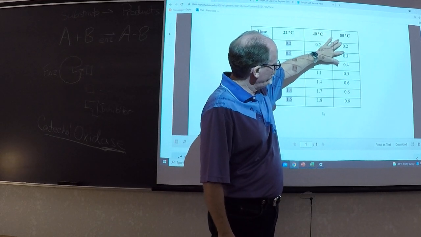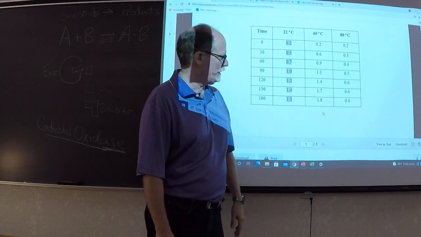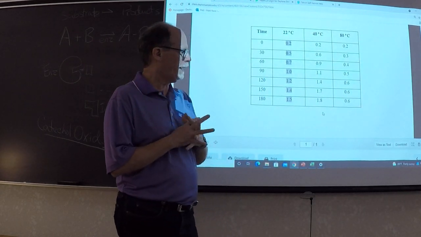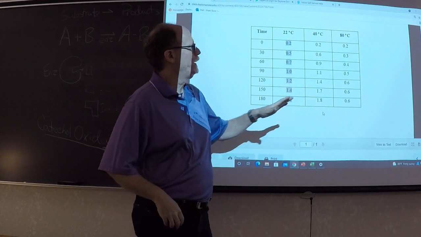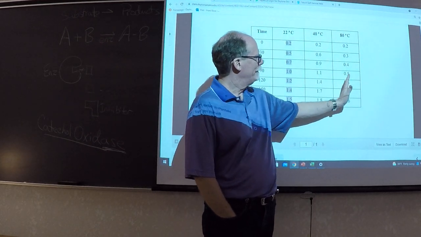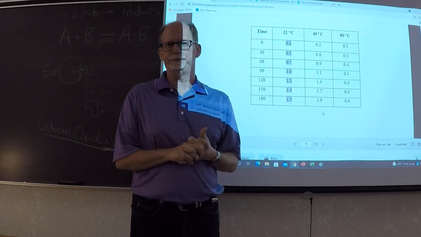You've denatured the enzyme, so the value only gets up to 0.6, which is 3 times less than 1.8. So at this temperature, the enzyme activity was reduced quite a bit.